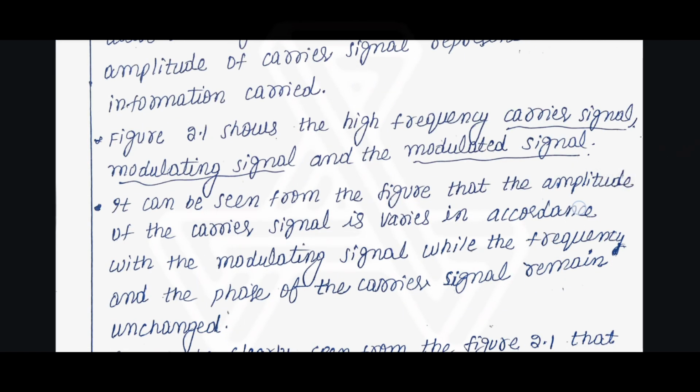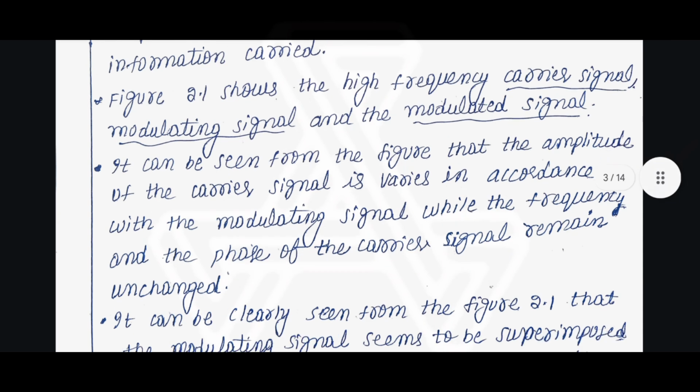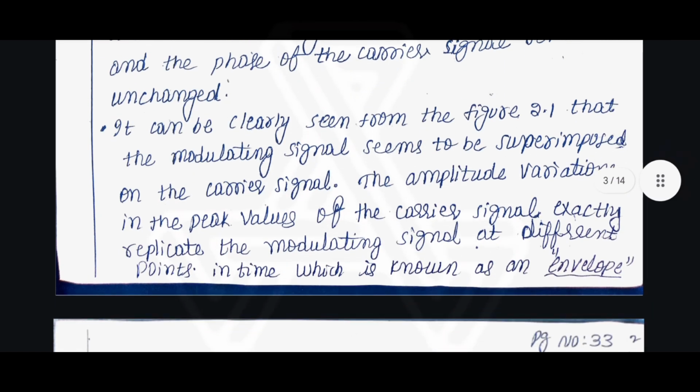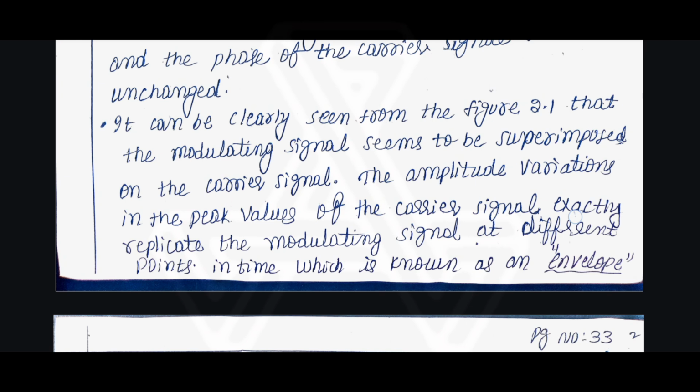Figure 2.1 shows the high frequency carrier signal, modulating signal and modulated signal. It can be seen from the figure that the amplitude of the carrier signal varies in accordance with the modulating signal, while the frequency and phase of the carrier signal remain unchanged. It can be clearly seen from figure 2.1 that the modulating signal seems to be superimposed on the carrier signal.